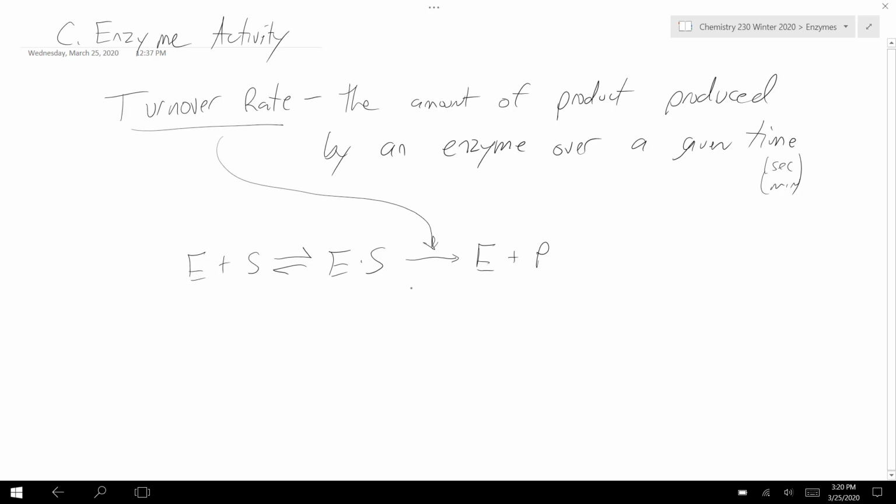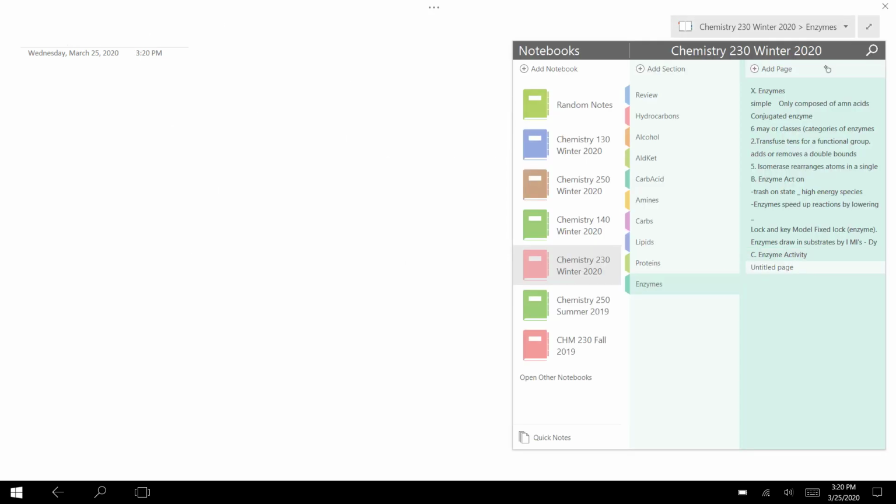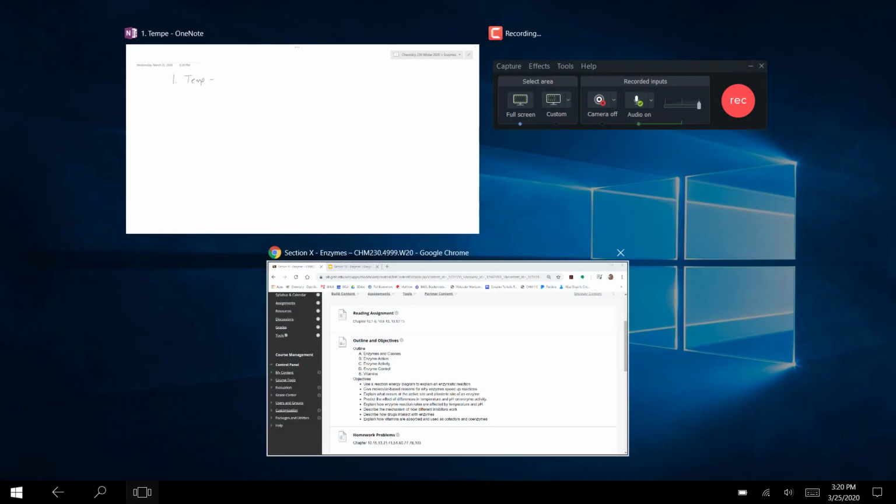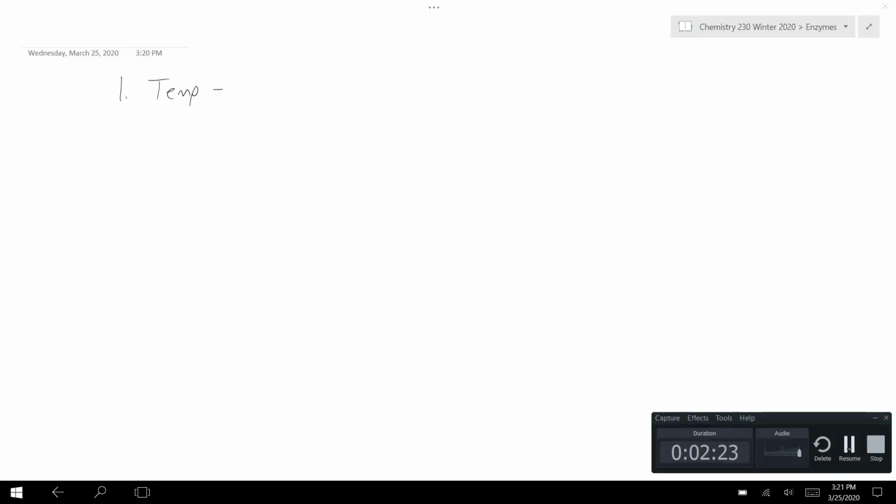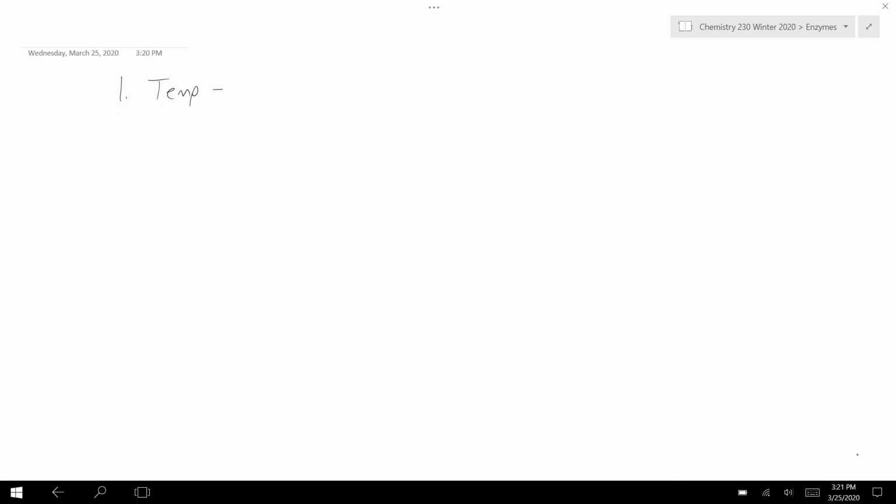So the things that I want to talk about that affect this turnover rate, or how fast these enzymes are functioning, the first one I want to talk about is temperature. And as you can imagine, temperature affects how fast a particular reaction goes. So we're going to think about what would take place as you increase.